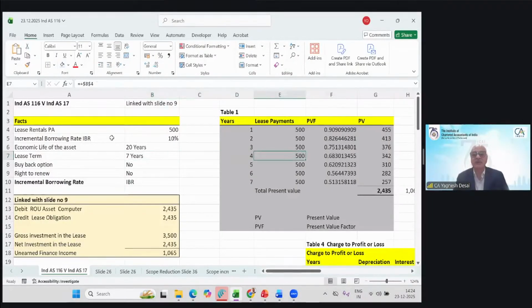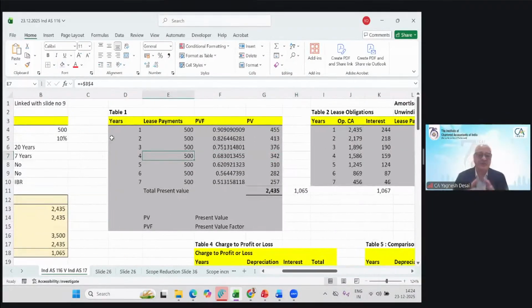Now let's go to the mechanism. I'm sure you all know this is not the same as finance lease, even from the perspective of the lessor and the lessee under the erstwhile Ind AS 17. So what I have done, I have plotted the lease payments. I found out the present value factor based on 10% incremental rate, and then I found the present value, sigma 2435.